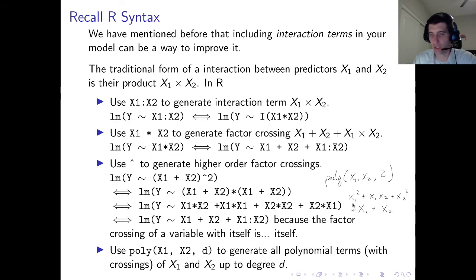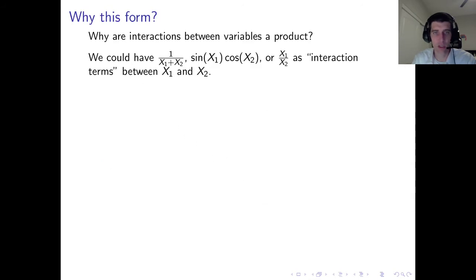And so what this does is it gives you the factor crossing. I'm mentioning poly here because it will generate the polynomials. This is a second degree term, one from x1 and one from x2.